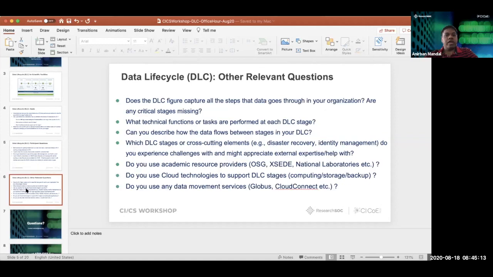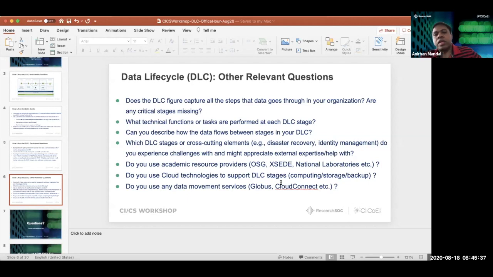Yeah, so we're about 15 minutes away from the end of this session. If you have any more questions, this is the time to ask them, and I would encourage you to attend the rest of the workshop.